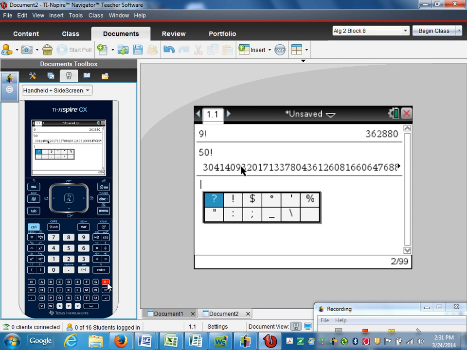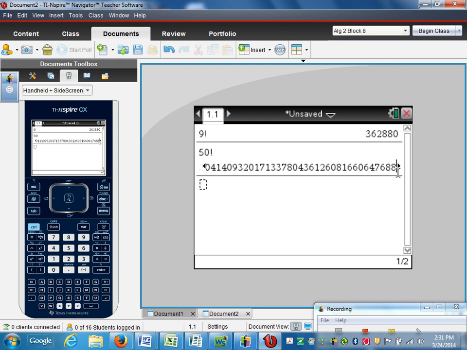Mine has a bunch of zeros. It's 50 times bigger, because you're multiplying by 50, but yes, that's a lot of digits. But it beats typing it in yourself, so you'll like that factorial key. It's your friend.